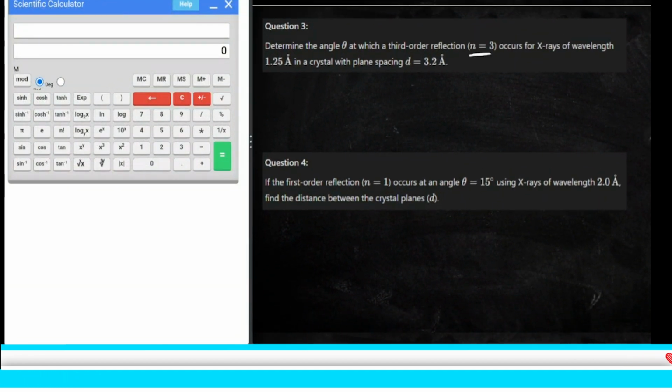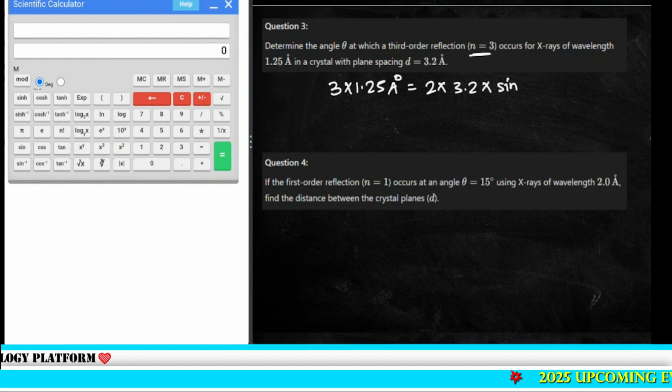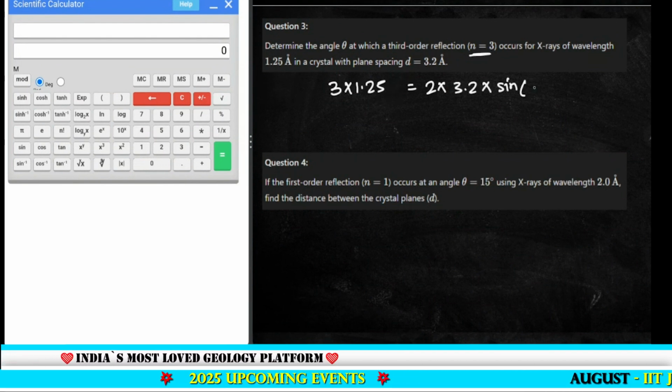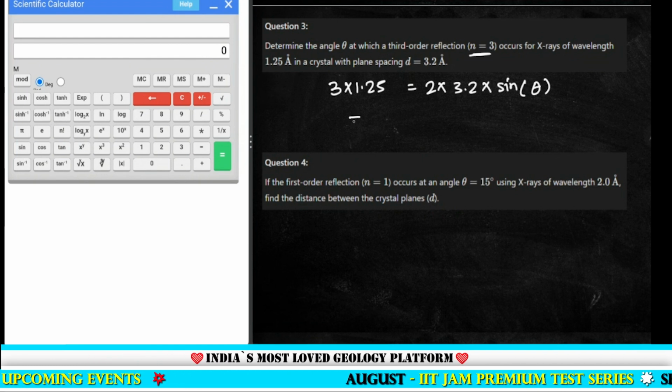Third order diffraction, 3 into 1.25 angstrom, equal to 2 into 3.2 into sin theta.